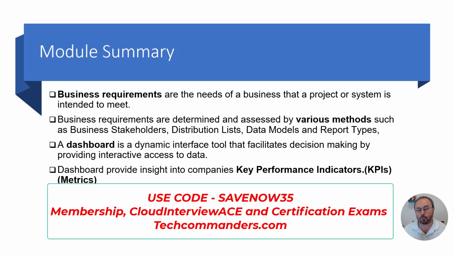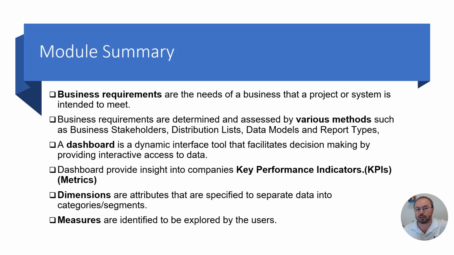A dashboard is what? It's a dynamic interface tool that allows the customer, the stakeholders, to actually dive into the data that's at hand. So the dashboard provides insight into what's called KPIs. These are also known as metrics. For example, a KPI could be the revenue for that month.